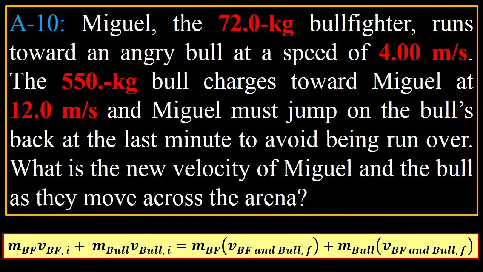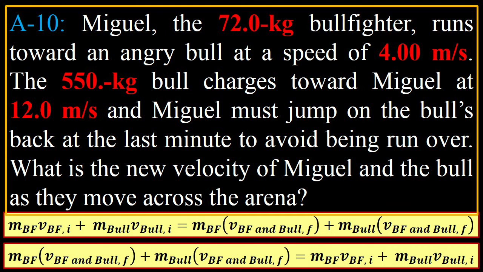And we want to know the velocity of the bull and Miguel, the bullfighter, is the final velocity. So what we're doing is we flipped using the property of symmetry.